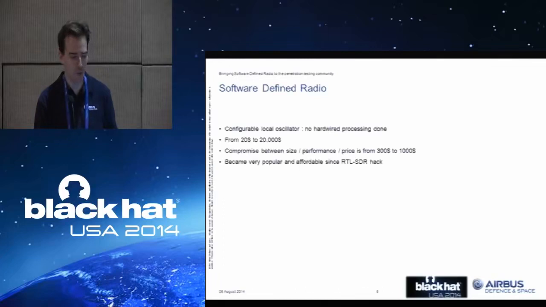And it became very popular and affordable since RTL-SDR. Those are the ones for $20. It's just a USB TV receiver that has been hacked by the driver to be able to stream samples, but it can just receive. All can listen, but some also can send, and that's the deal.